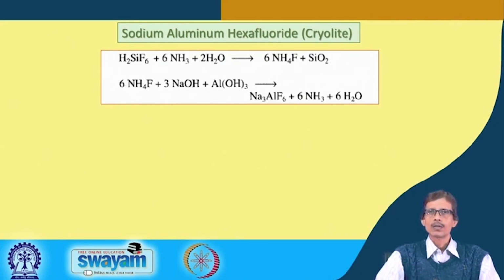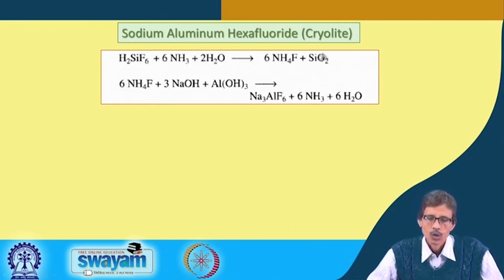Ultimately, that hydrolysis reaction gives you silicic acid, and as time passes, it goes to the formation of silicon dioxide or silica or some amount of quartz in a different form.